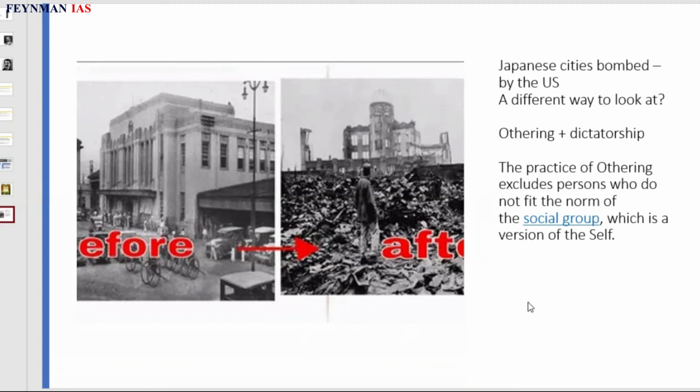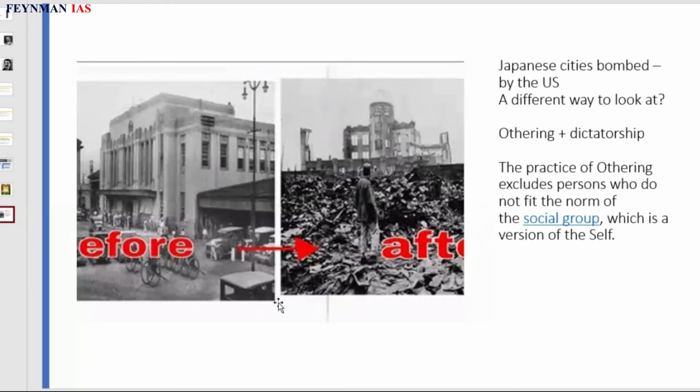But the American president is not looked at the way Hitler and Stalin were looked at. Why? Because this is a case of othering, and he convinced many people that they deserved it, because after all the world war had to be stopped like that. So this is a case of othering plus democracy. America's case is this action took place because of othering plus democracy.